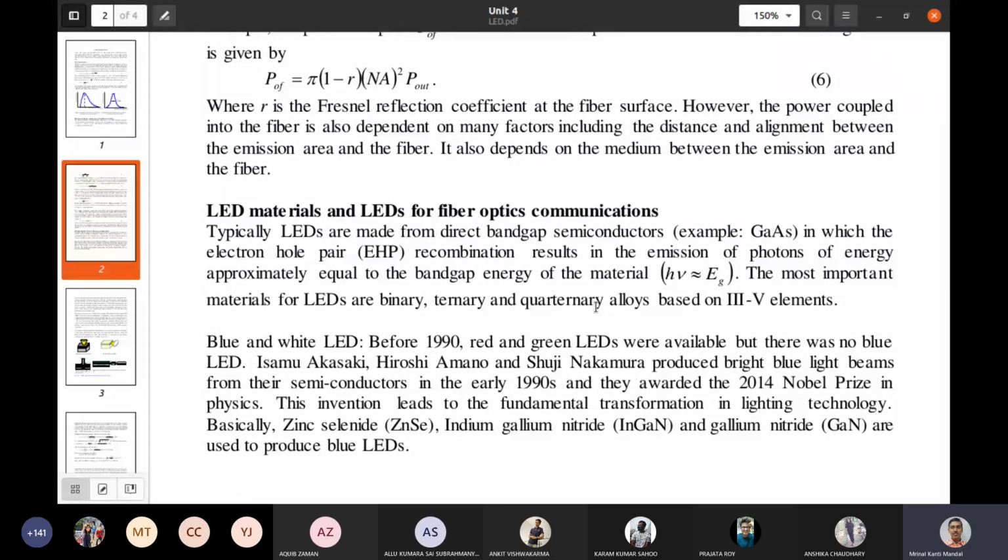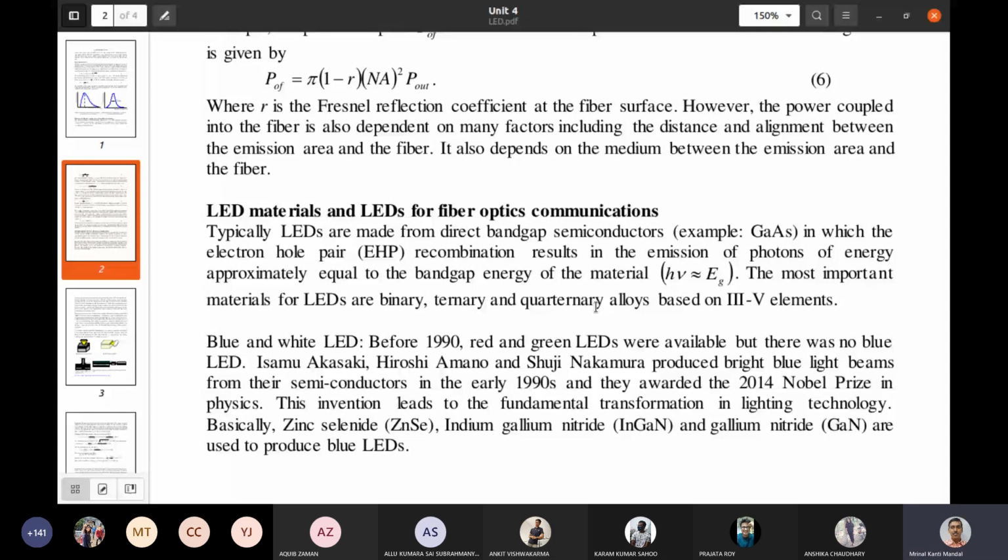Actually, for the LED, blue and white, these two lights, before 1990, other LEDs, that is red, green, or other LEDs were available, but blue LED was not available before 1990.